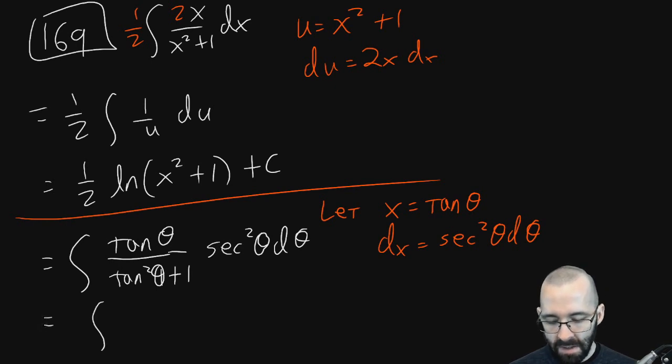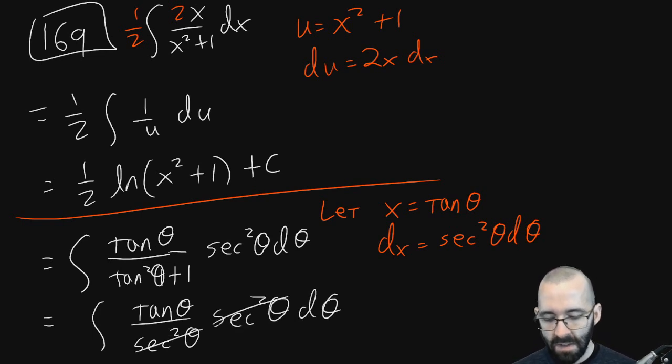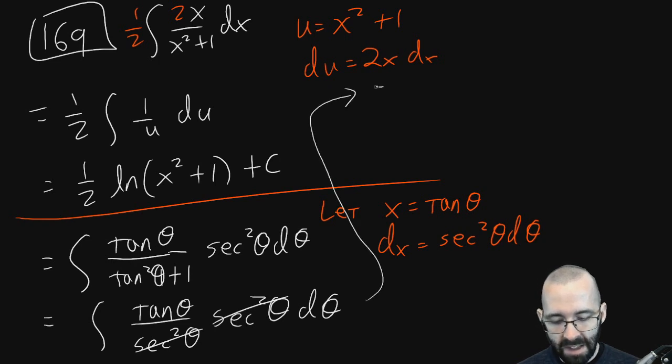Our denominator is just secant squared of theta. And we get some really nice cancellation. We're left with the antiderivative of tangent of theta. Let's keep this on the same page just to make things a little easier.